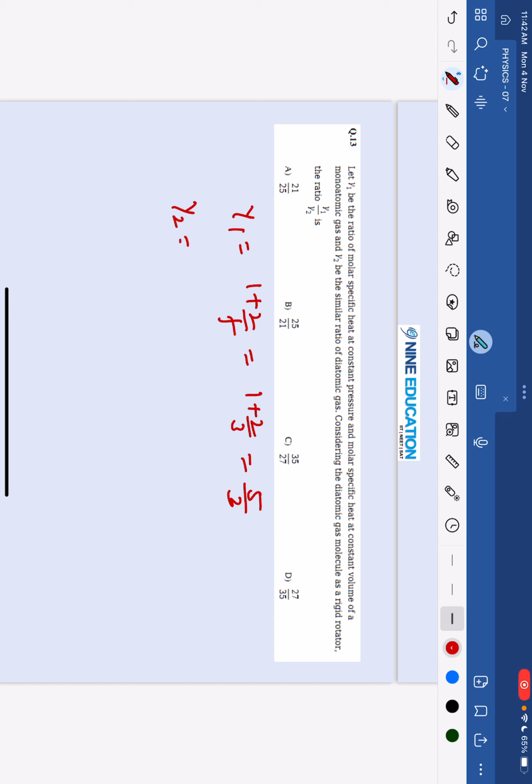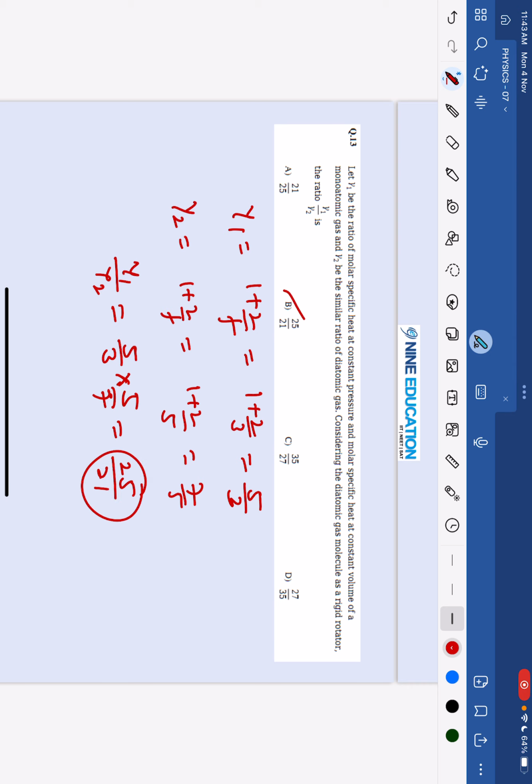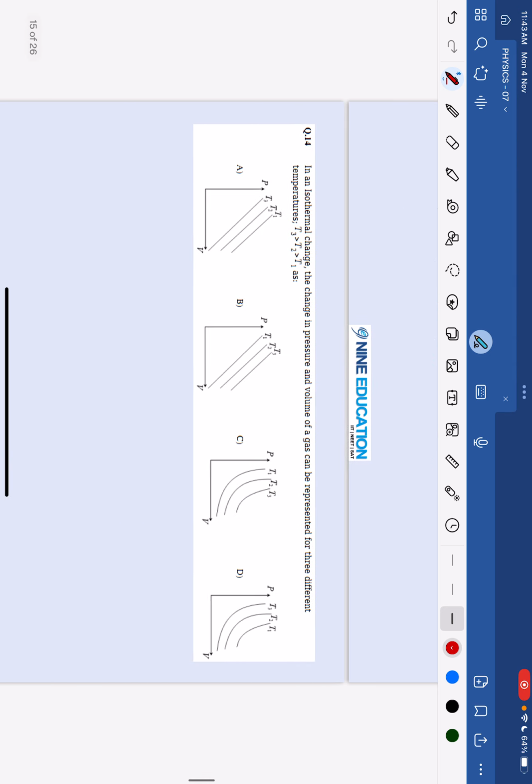Now gamma 2 is going to become 1 plus 2 by f, and it is now for a diatomic gas, so it will be 1 plus 2 by 5, which is 7 by 5. Now they are asking gamma 1 by gamma 2, which is 5 by 3 into 5 by 7, which is going to become 25 by 21, which is option B. Too many option B's, huh? Alright.